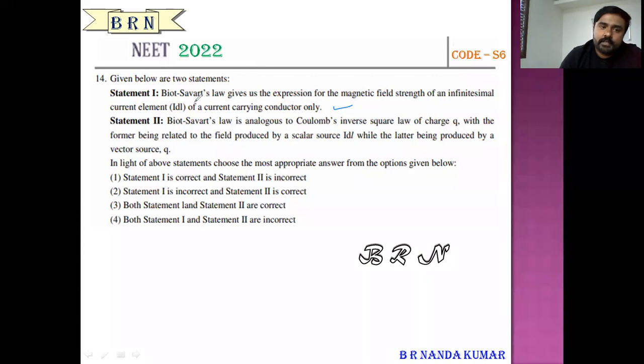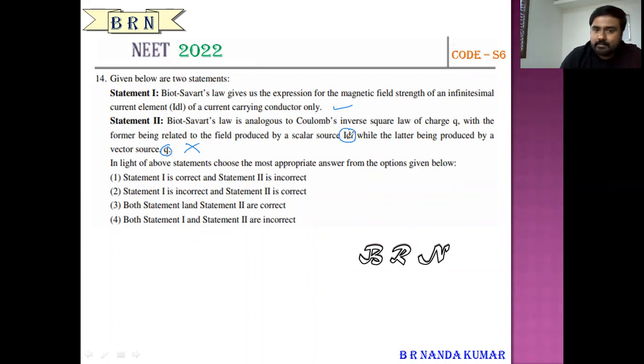Now this statement: Biot-Savart's law is analogous to Coulomb's inverse square law of charge q, with the former being related to the field produced by a scalar source Idl, while the latter being produced by a vector source q. So this is the wrong statement, because charge is not a vector source, charge is scalar.